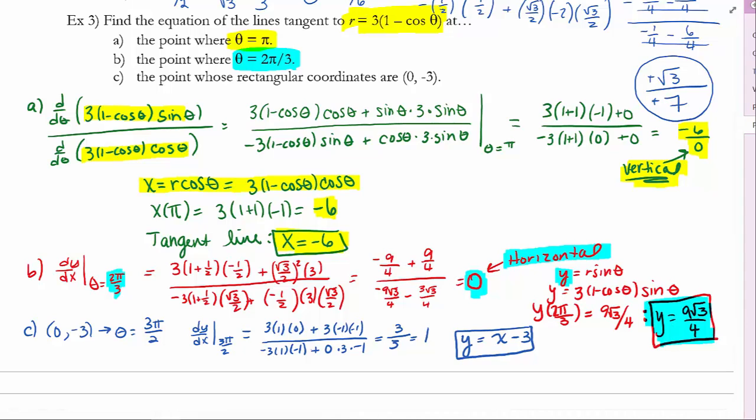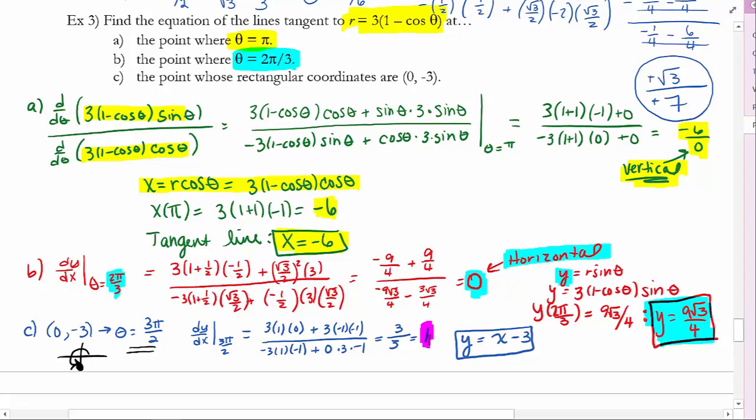And then last but not least down here it says find the equation of the tangent line at 0, -3. So I said, well, the point 0, -3 is down here. It would have a theta value of 3 pi over 2. So I went through and I evaluated the derivative at 3 pi over 2, and I got a slope of 1.